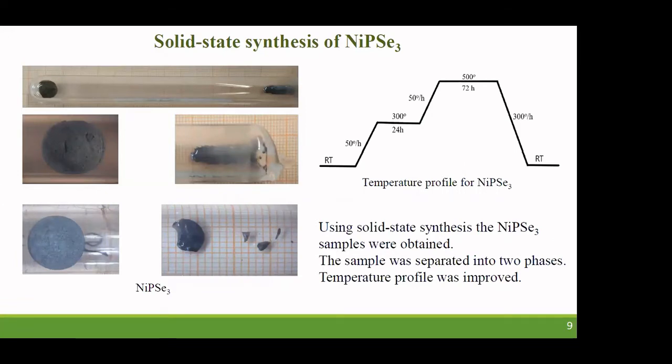The highest temperature was 600 degrees, but as you can see, it was not successful. So our sample separated into two phases, and we got a sample with a big amount of nickel here, and here we got a sample with a big amount of phosphorus and selenium.